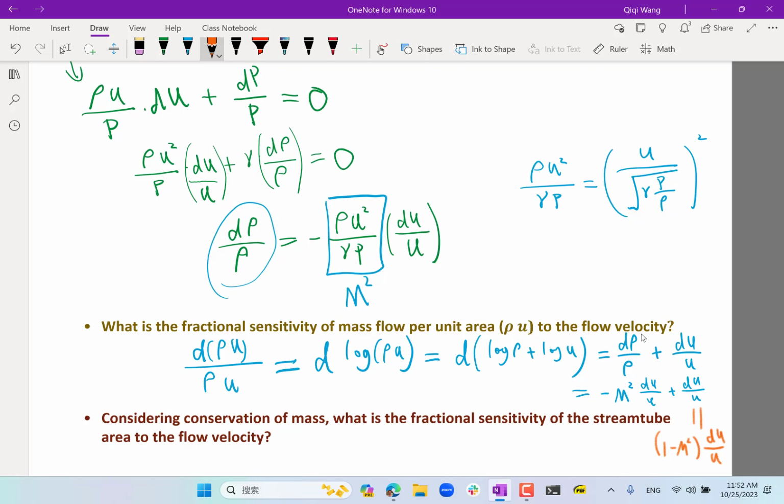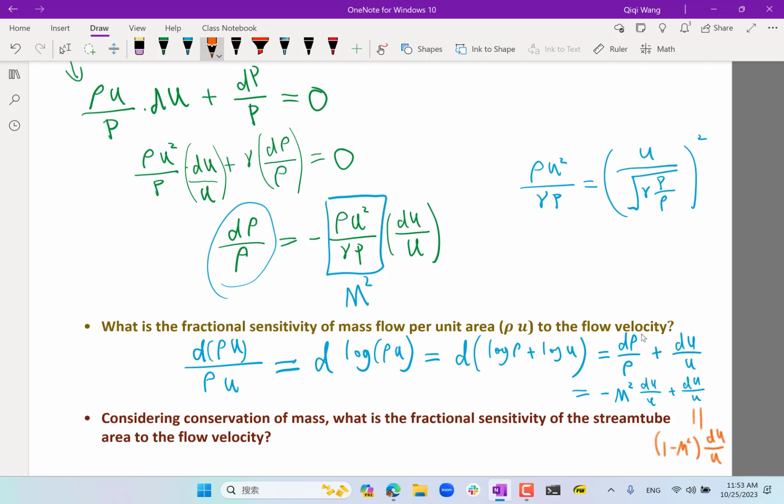So if area decreases by 1%, this has to be positive 1%. And if this is half, du over u has to be 2%. All right. So for the same amount of decreasing area, the velocity increase has to be more than before.